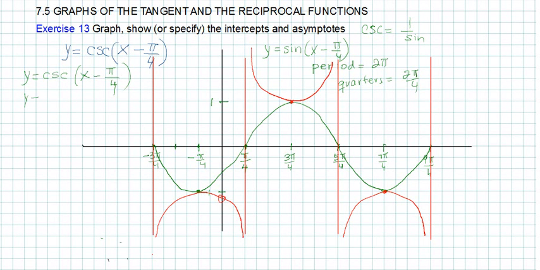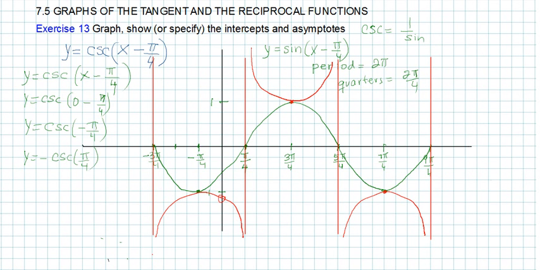So y equals cosecant of 0 minus pi over 4. So I have y equals cosecant of negative pi over 4. And this is the same thing as y equals minus cosecant of pi over 4.